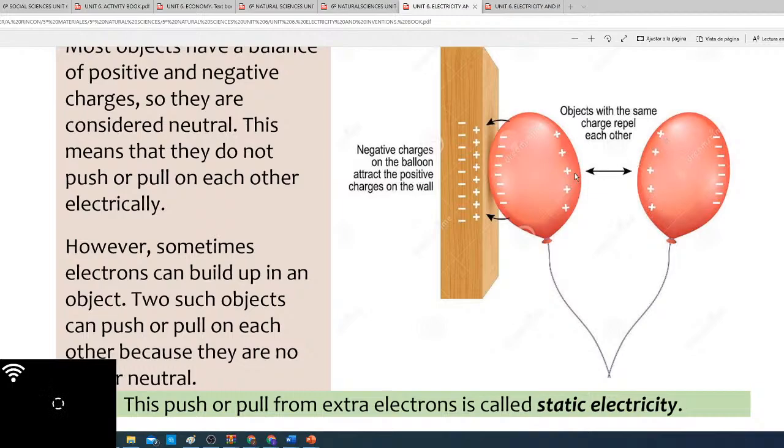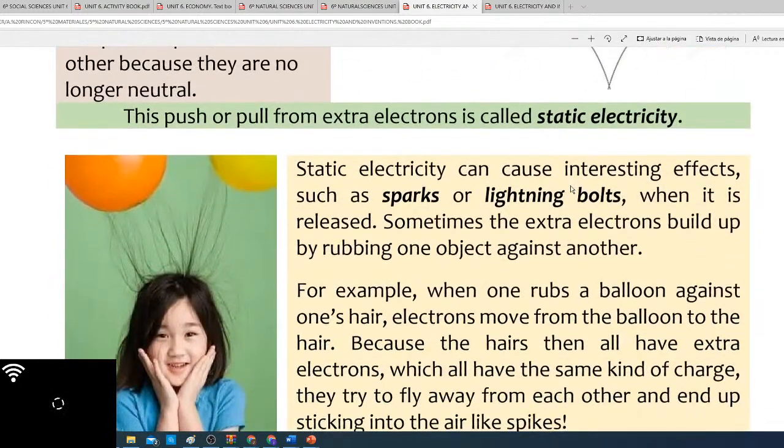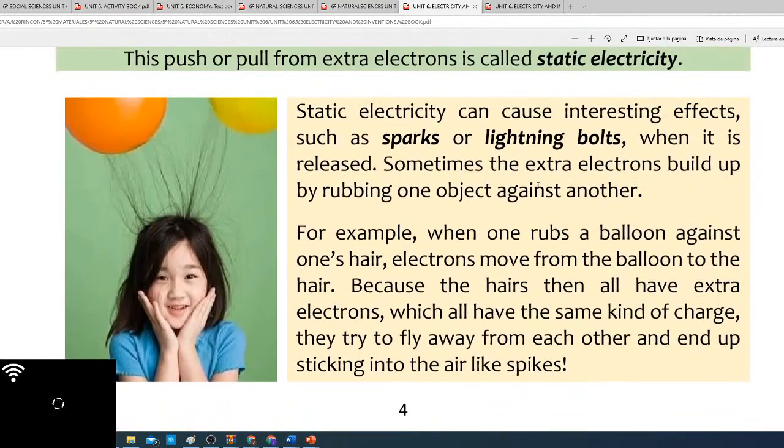So this push or pull from extra electrons is called static electricity. And you have here a photo. This girl, you can see her with her hair on end, and these hairs are attracted by these balloons. So the explanation is based on static electricity.